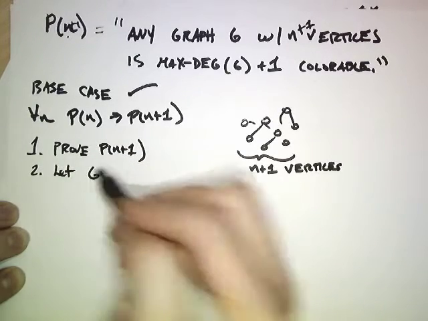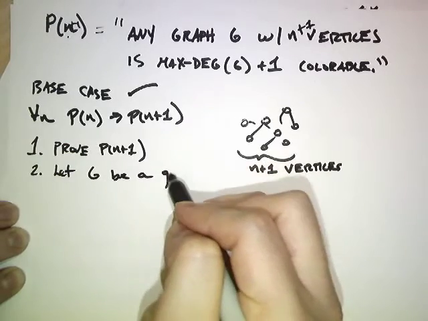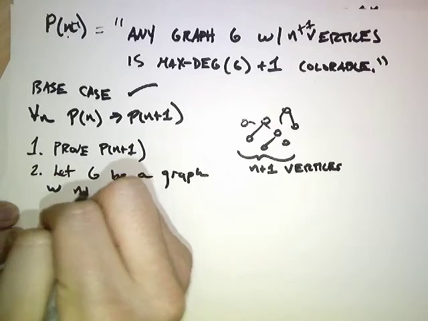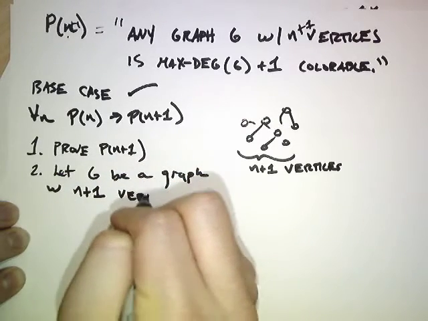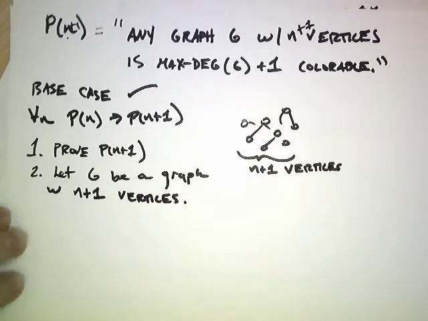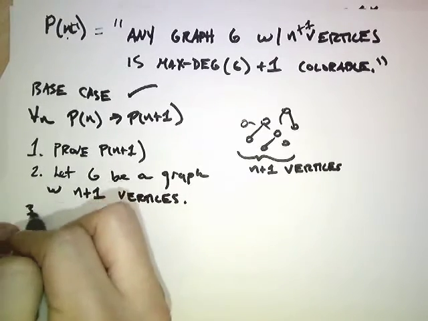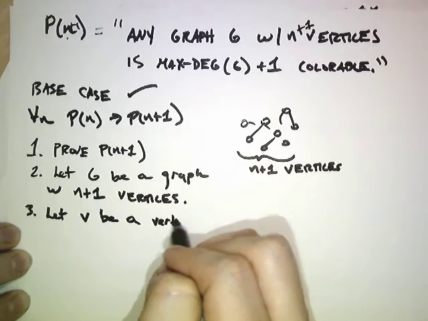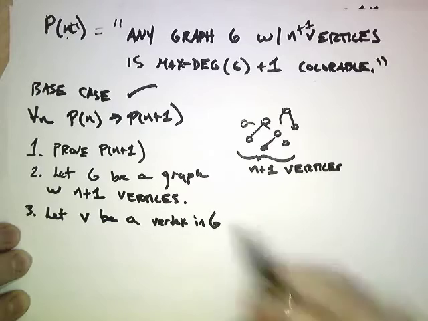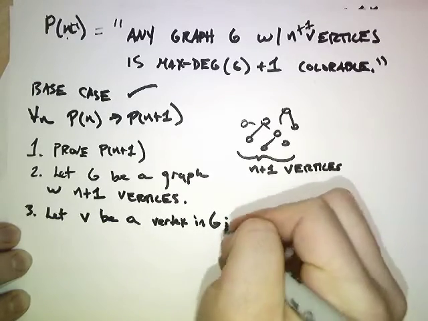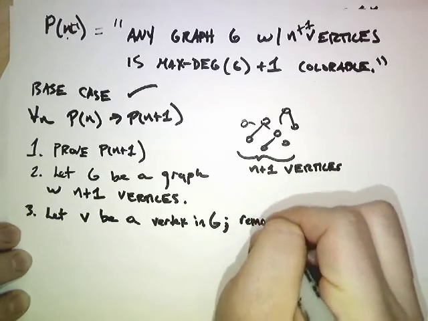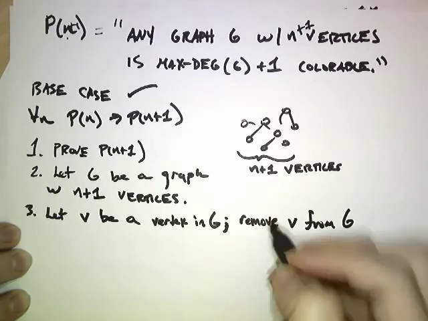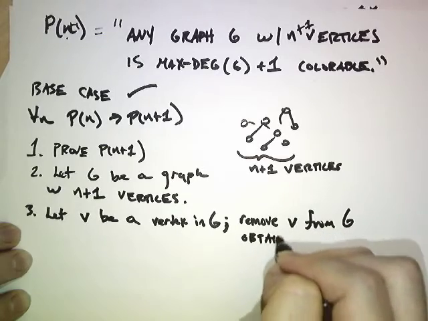So let G be a graph with n plus 1 vertices. Let V be a vertex in G. Then what we're going to do is interesting. We're going to remove V from G, and we'll obtain the graph G prime.